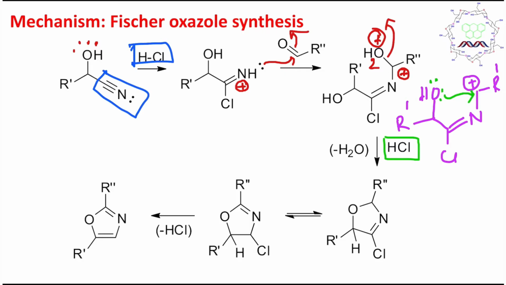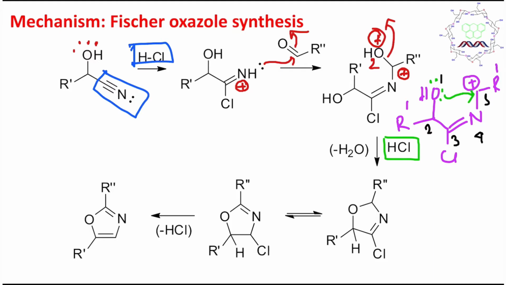So it is actually a ring formation, a 5-member ring formation: 1 is oxygen, 2 is R1 you can consider, 3 is Cl, 4 is nitrogen, and 5 is R double prime. So this one. Now I guess you have understood the overall thing.